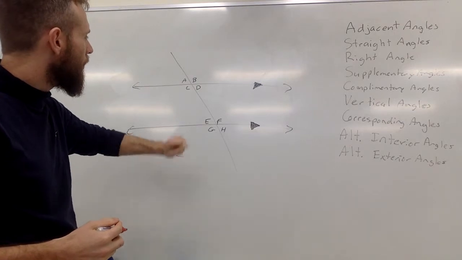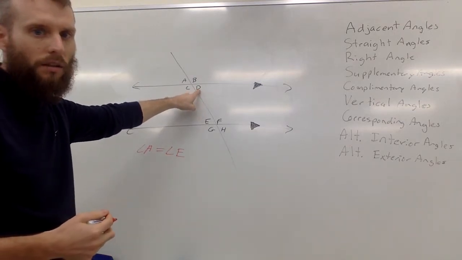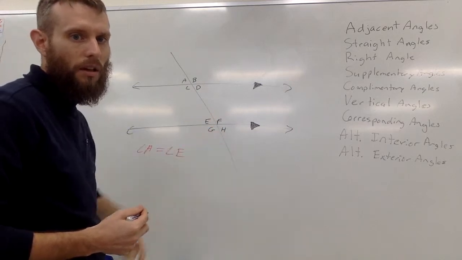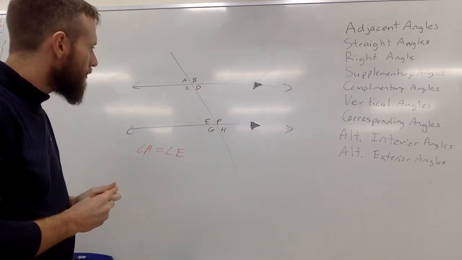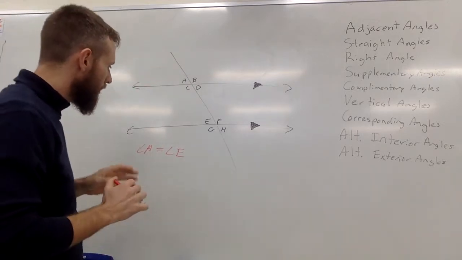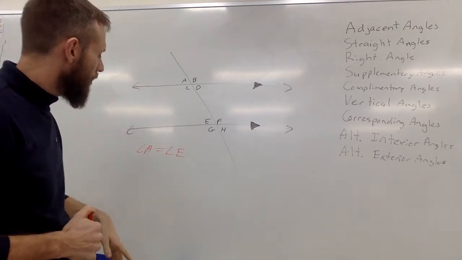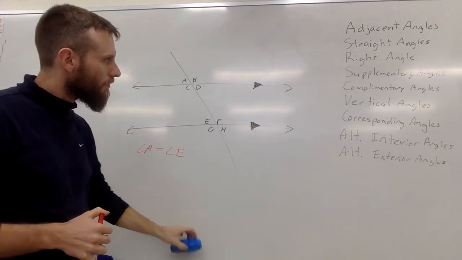And you could tell, let's see, what angle would correspond to angle D? Well, that would be angle H, okay? So those are corresponding angles. They share the same relative position of the intersection when the transversal goes through a set of parallel lines.